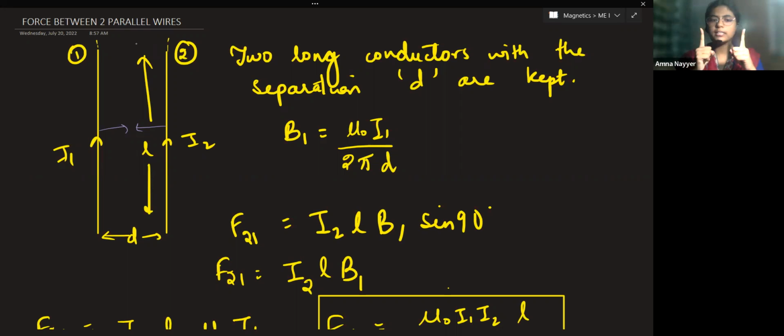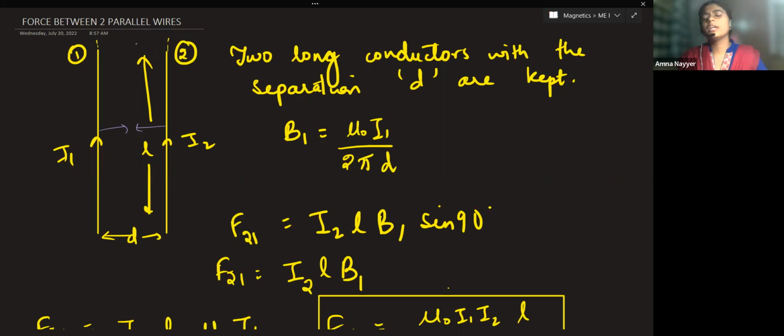For example, even if current is flowing downwards, they'll attract. If current is flowing upwards, they'll attract. They will attract if the current is going in the same direction. That direction can be any direction: right, left, up, down. But if the direction is same, they will attract.